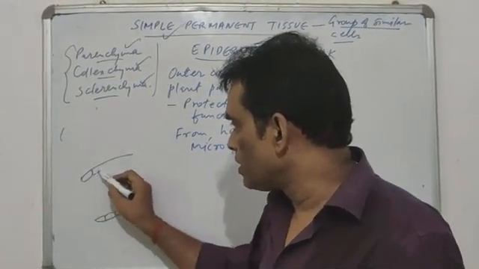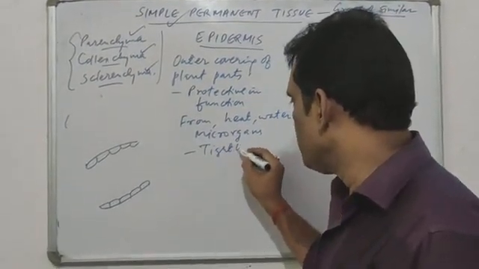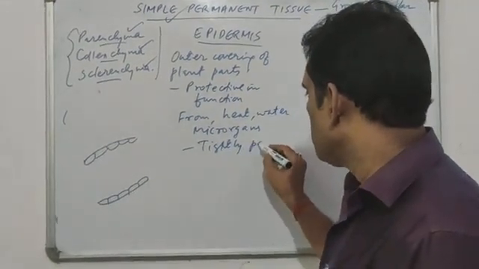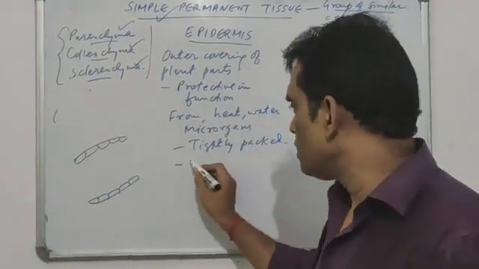Both are completely surrounded by tightly packed cells. They are different from parenchyma and others because there is no intercellular space. The space appears only in leaves.